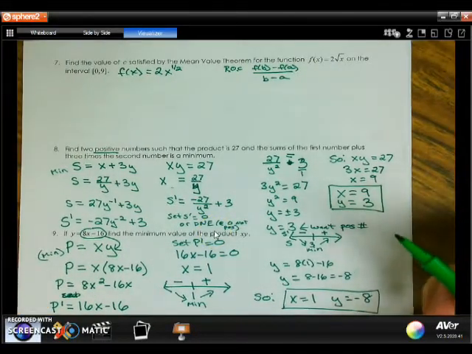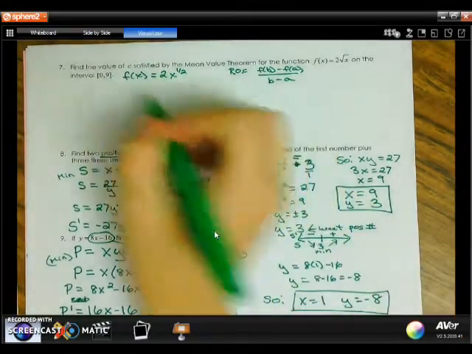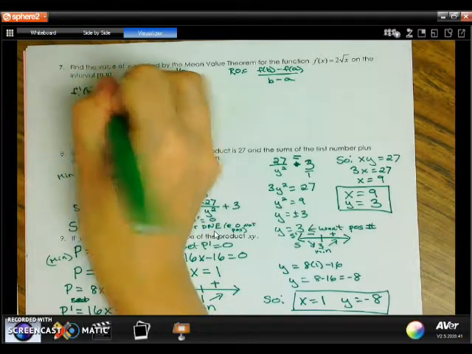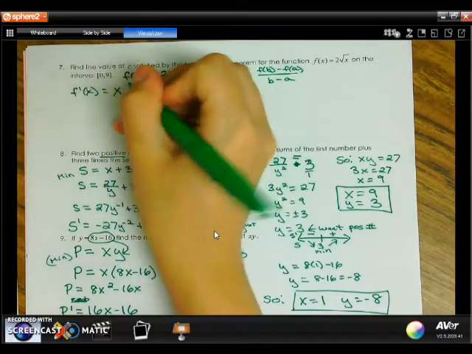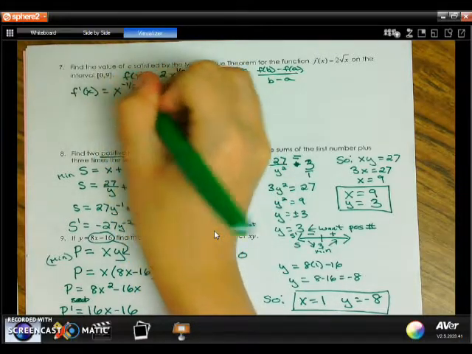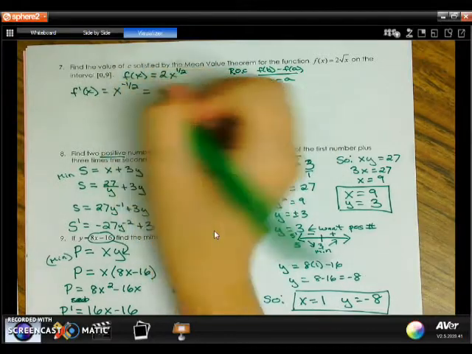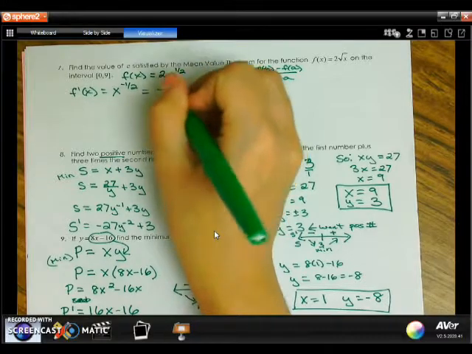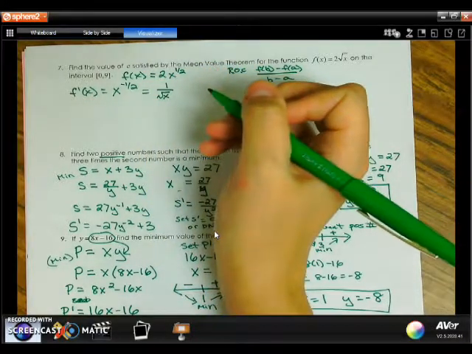Okay, so now that I have those written down, I can go ahead and take my derivative here. When I take the derivative, 1/2 times 2 is 1. So I'm going to get x to the negative 1/2 when you subtract an exponent, okay? And just so we know, remember, a negative exponent means you're in the wrong spot of the fraction, so I would rewrite this as 1 over square root of x, okay?